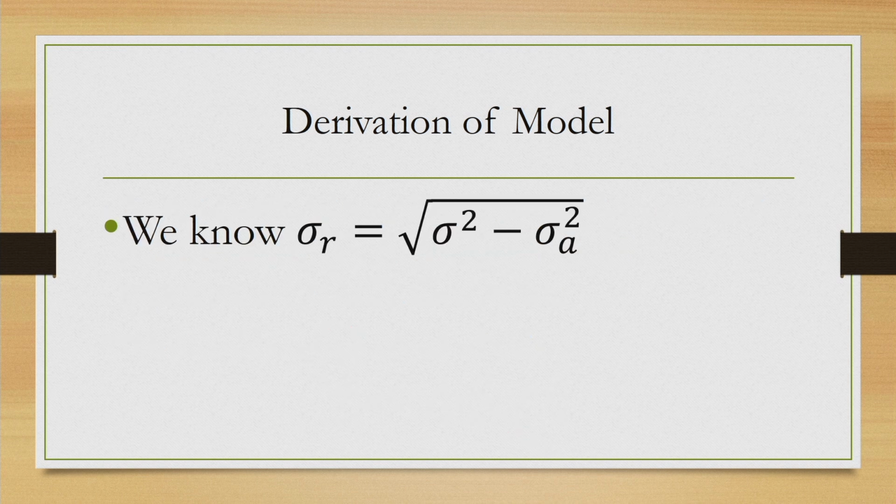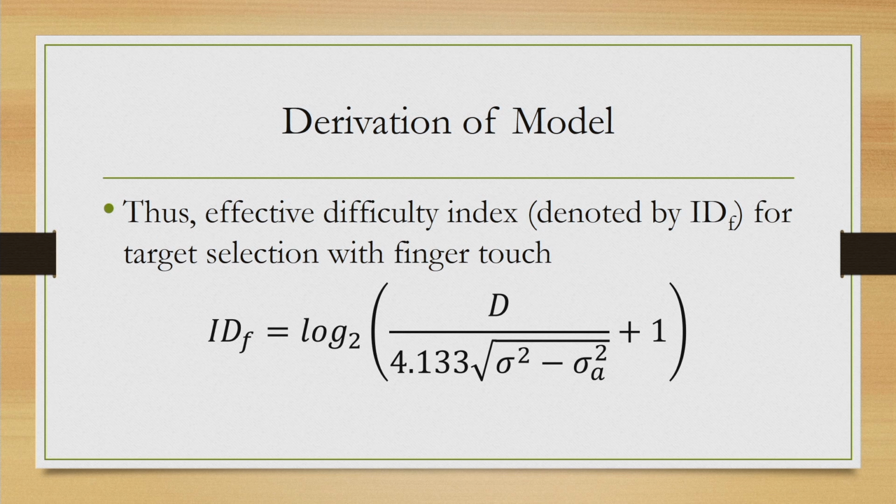Now, we already know, based on our earlier knowledge of the two distributions and the overall distribution as a combination of these two distributions, that sigma_r can be represented in this way: the standard deviation of the entire distribution minus the standard deviation of the distribution due to absolute precision. So, we can replace sigma_r with this new formulation and then get the effective difficulty index in this form.